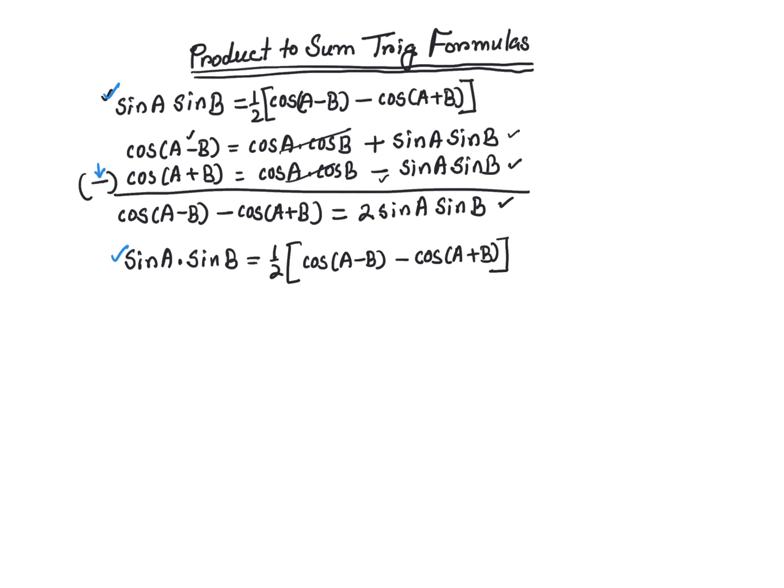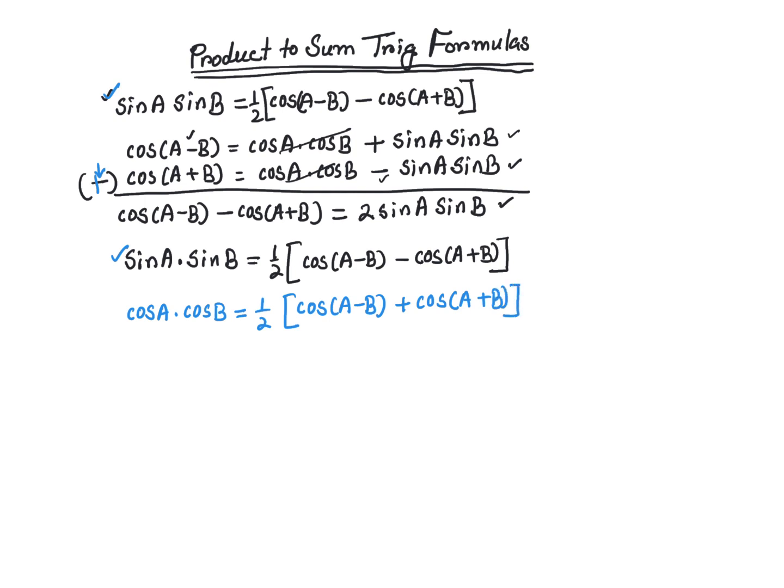But if I were to add, instead of subtraction, then I would have gotten the following: cosine of A times cosine of B is equal to 1/2 times cosine of A minus B plus cosine of A plus B.